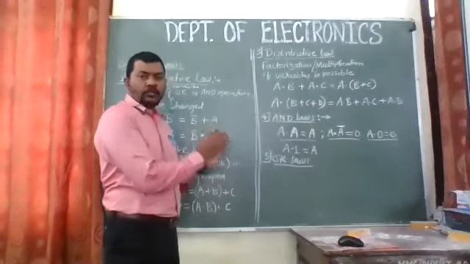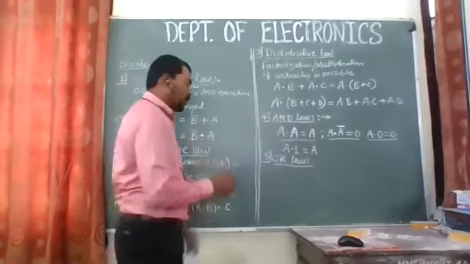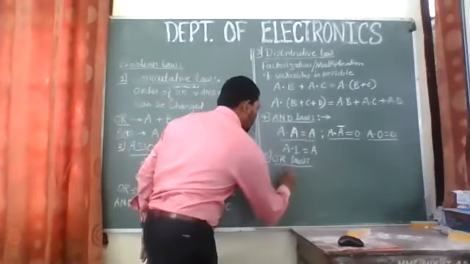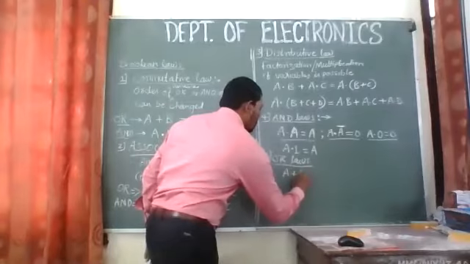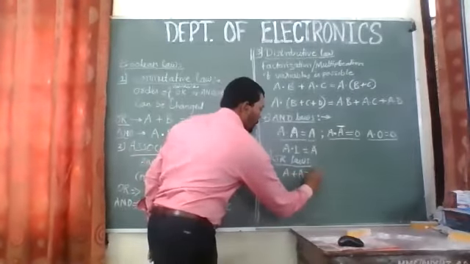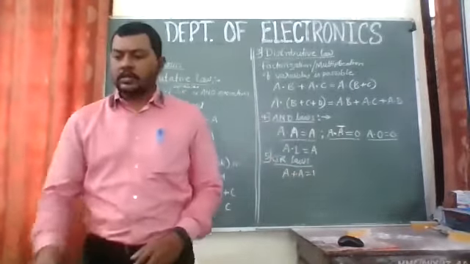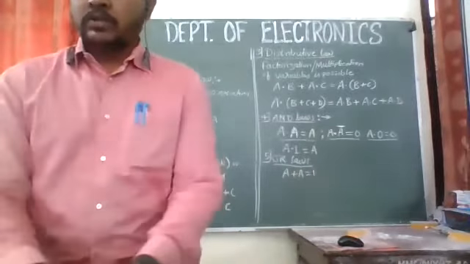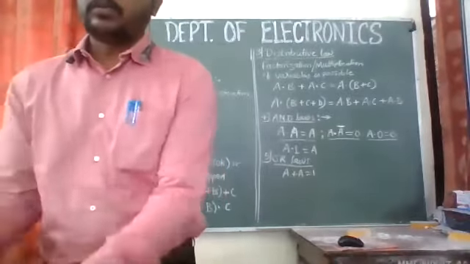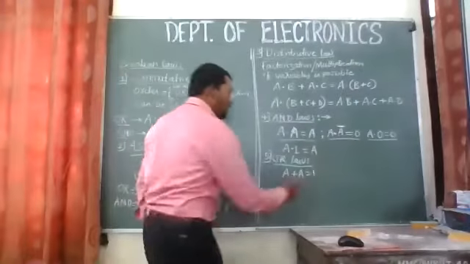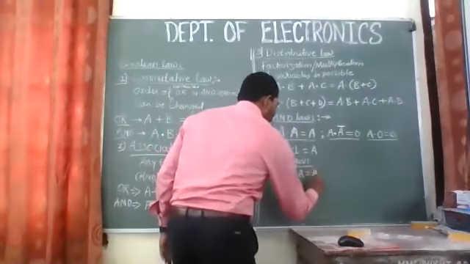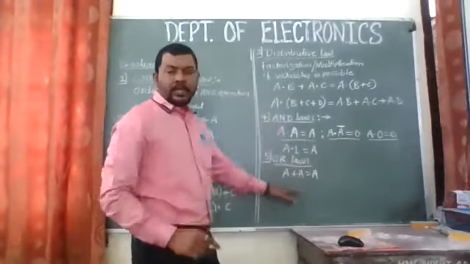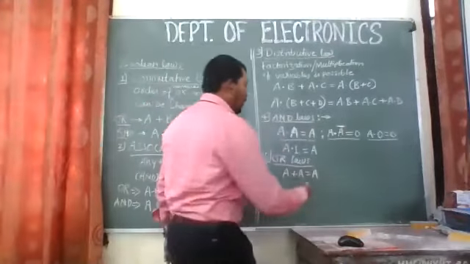Instead of the dot, we put the summation sign. So A plus A is A only. Whether it is 0 or 1, the output is the same. Yes, A plus A is A.